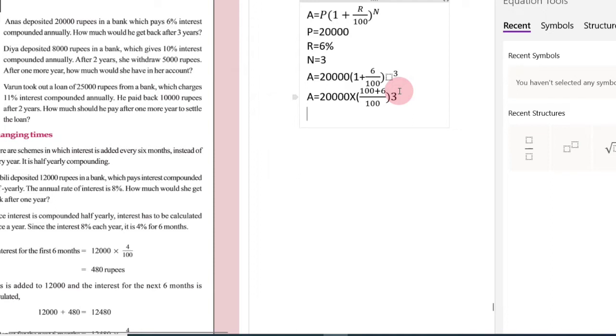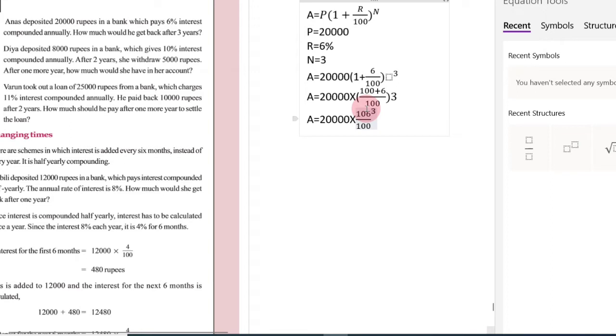So amount A is equal to 20,000 into 106 by 100 raised to 3.